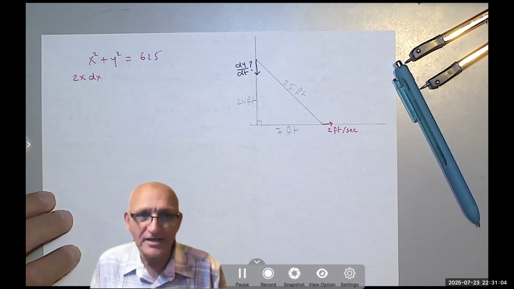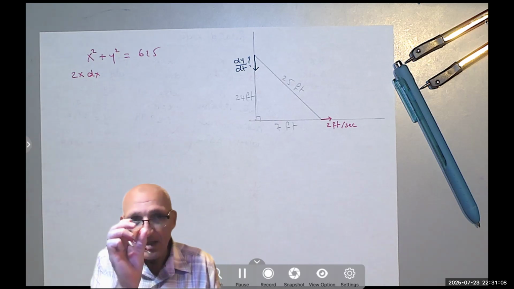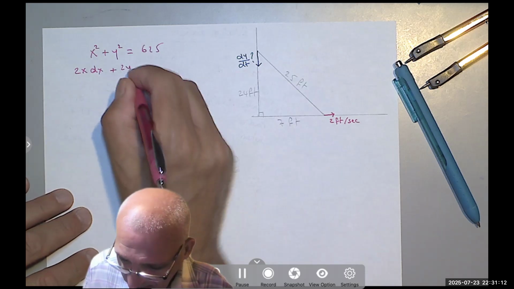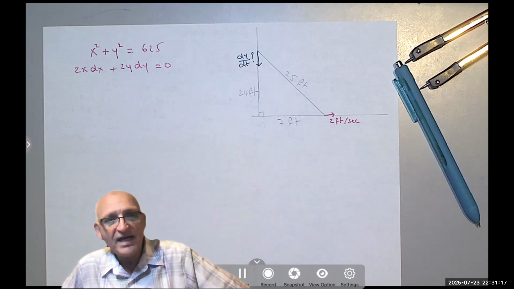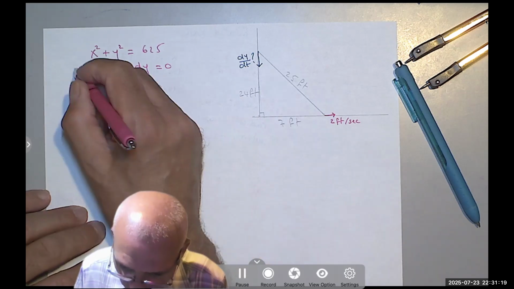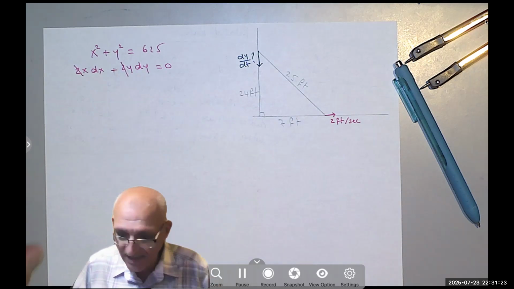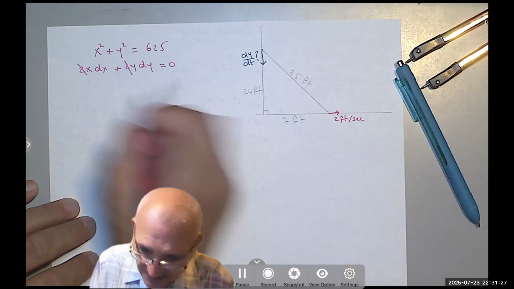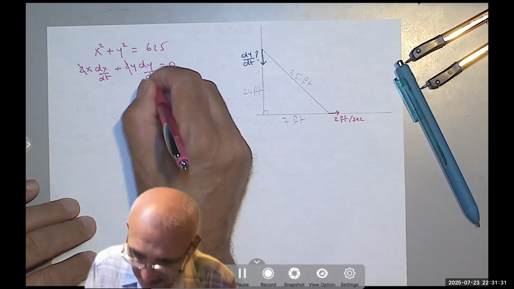Okay, don't say 2x because we are not taking it with respect to x. We are taking just a small change. And this would be 2y dy equals 0. I can simplify by 2, and that becomes x dx equals y dy. And notice that if I'm taking the derivative with respect to time, I can always say this is dt.